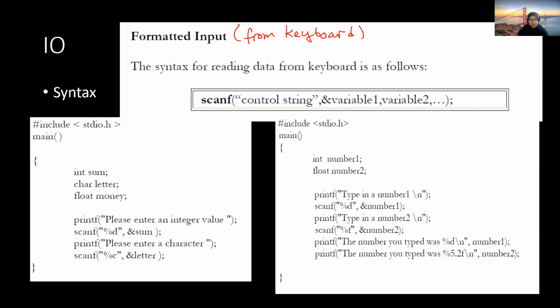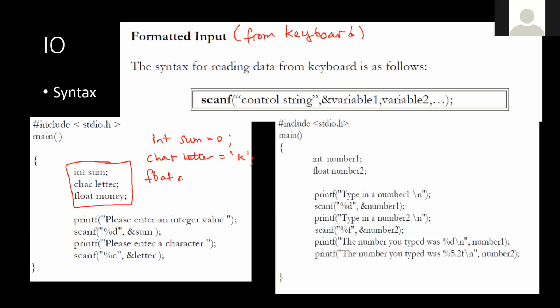Let's say something like this: you declare your variable. Usually what you did is you say integer sum equals to 0, and then character letter equals to, let's say, K, and then float money equals to 12.15, something like that.